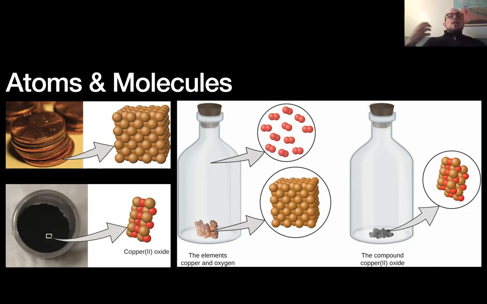And the materials that could not be broken down, they came to understand were made out of one kind of atom.